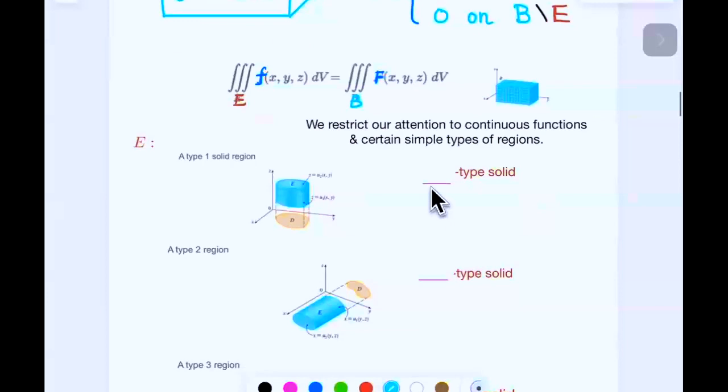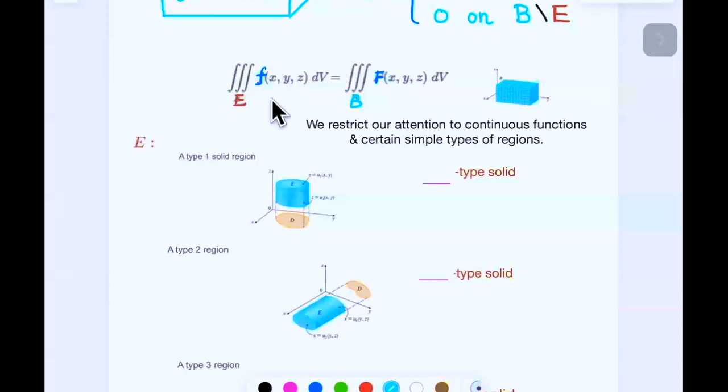Now, using a similar method, we're going to focus our attention on continuous functions.